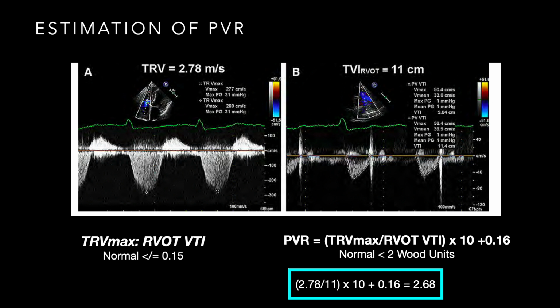You can calculate the pulmonary vascular resistance from echo parameters, using the ratio of the peak TR velocity to the RVOT VTI, with the equation at the bottom right of the slide. It's given in millimeters of mercury per minute per litre, which is numerically equivalent to Wood units, and normal is less than 2.